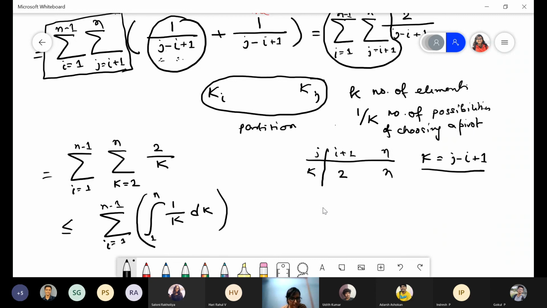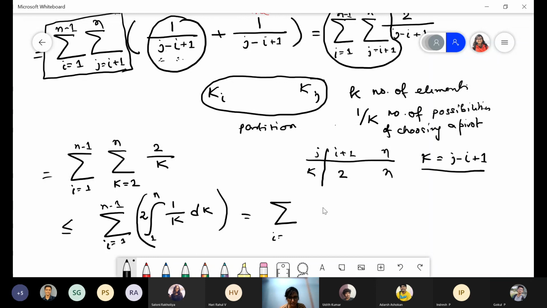You can take the 2 outside also. We can do this integration, right? As it is from 2 to n, if we take the range from 1 to n, this will actually be a larger value. So this is less than or equal to this value, and this, you know, is going to be log n only.